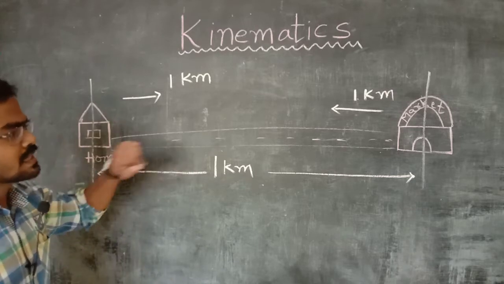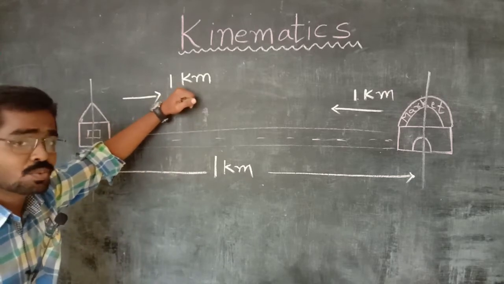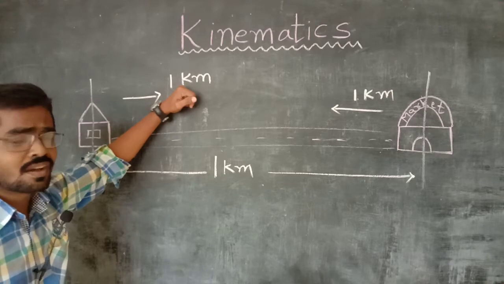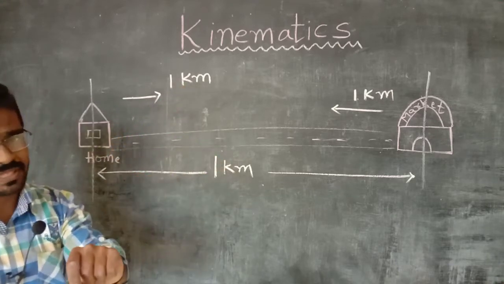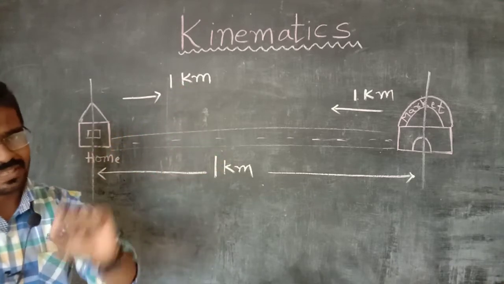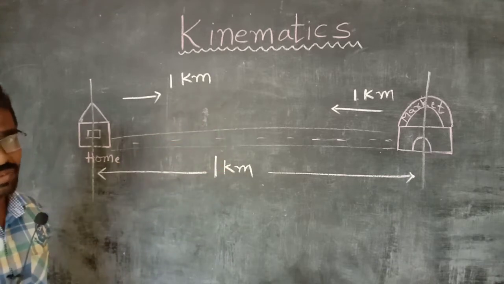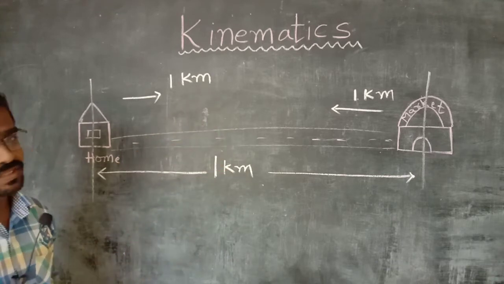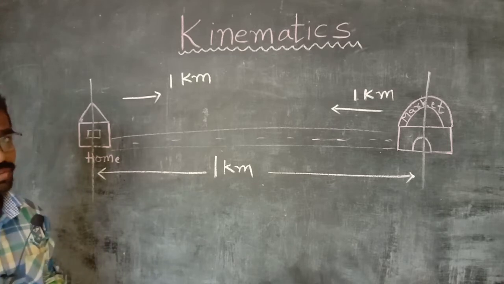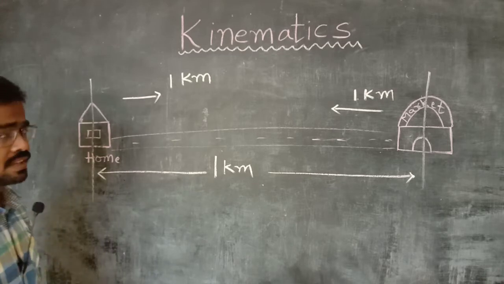Both are the same. But now the question is, what is the distance covered by the person and what is the displacement covered by the person? I think by this example you will clearly understand the basic difference between distance and displacement. So I think you have got the answer.